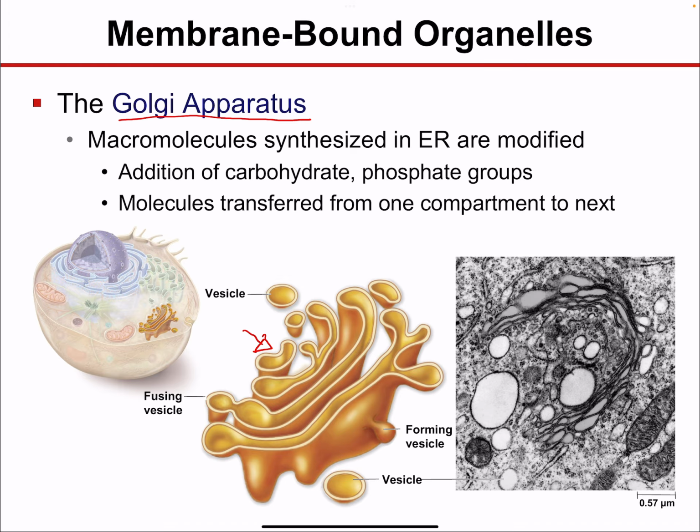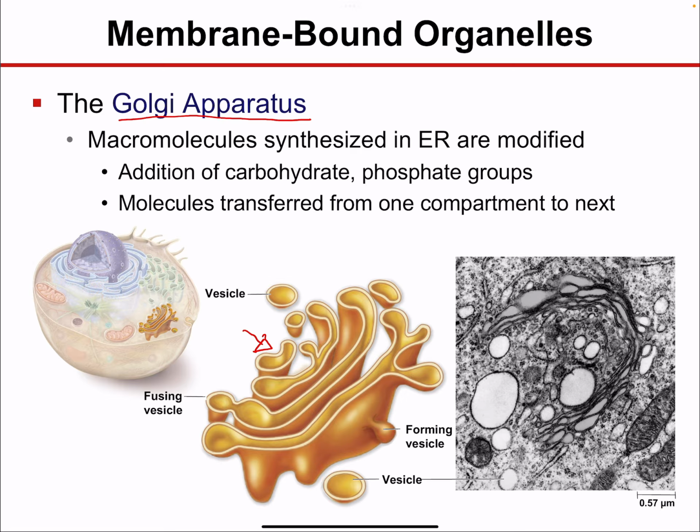One possibility is that the modified protein is part of the lysosomes. Okay? When they are part of the lysosome, that means that these are digestive enzymes. Okay? That's one fate. Another fate is that these proteins are going to be integral part of the plasma membrane.